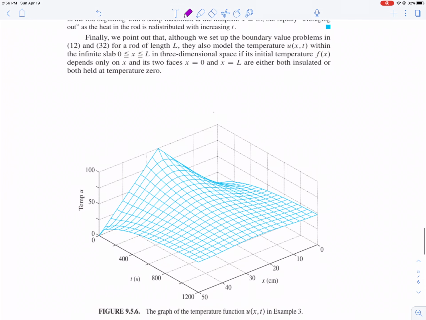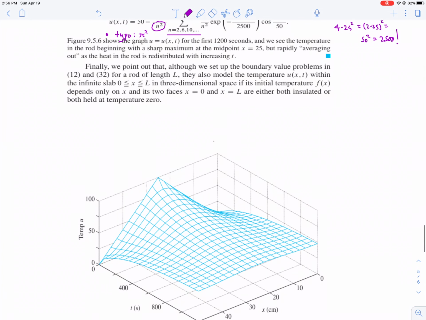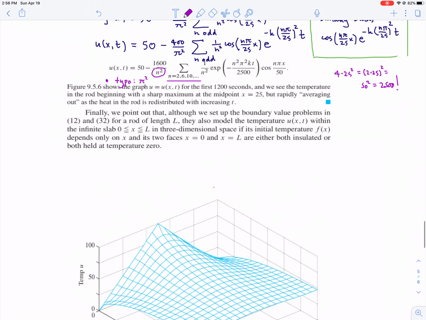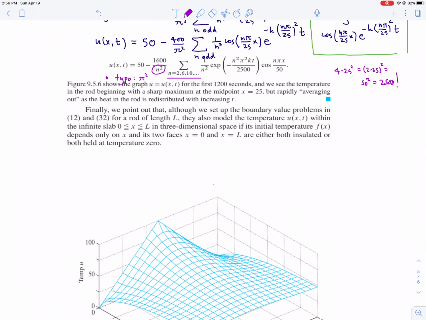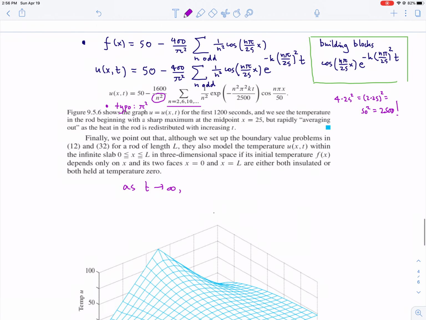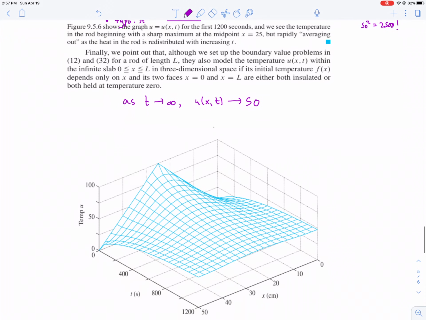You can see that in the type 2 boundary conditions, the u sub x's are always 0, and as t goes to infinity, all of the terms with the decaying exponentials go to 0, and they corresponded to parts of the heat distribution that had average 0, and the u of x,t will converge to the average temperature along the rod at t equals 0, which was just the a naught over 2 term.